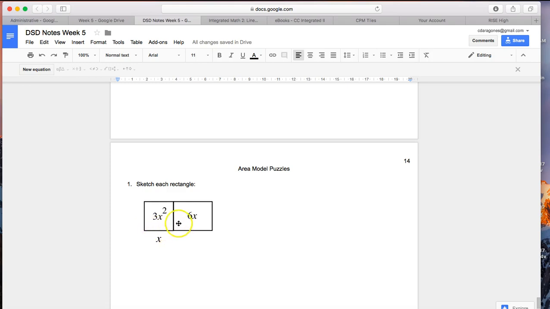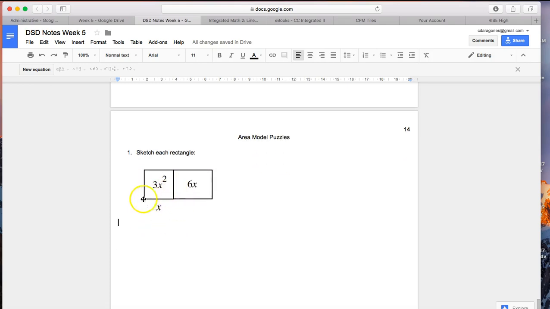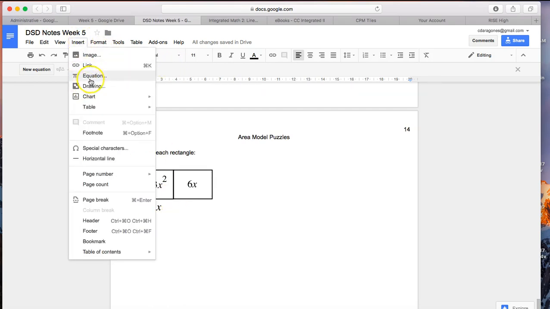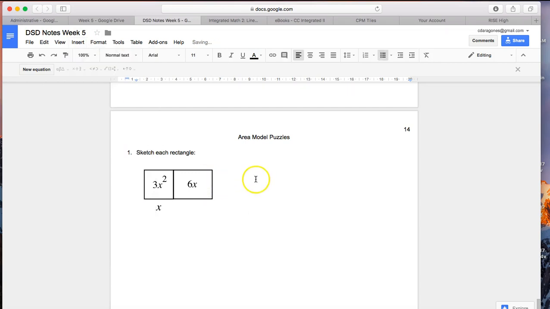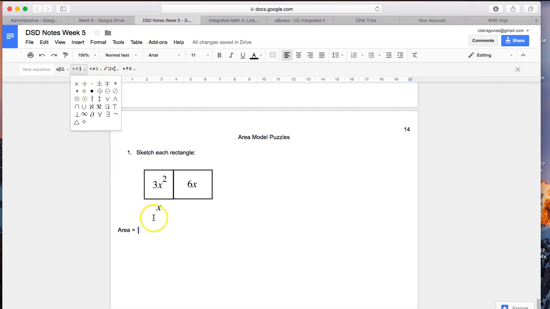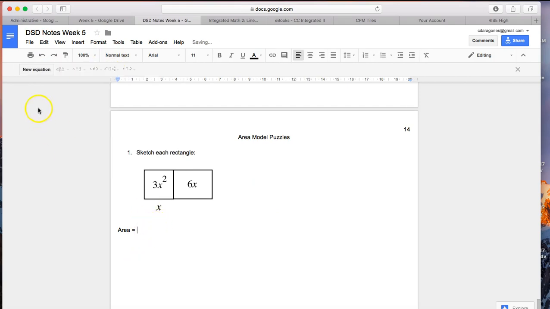this side is given. So we know the area of the whole square is 3x squared. This side is given, x. So we know the missing side. So we know the area alone is 3x squared. So we know the area is going to be some length times some width, right?